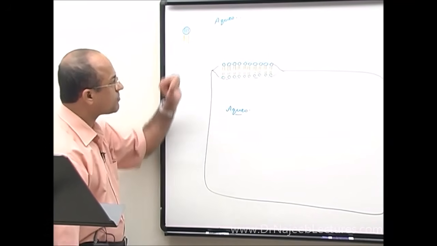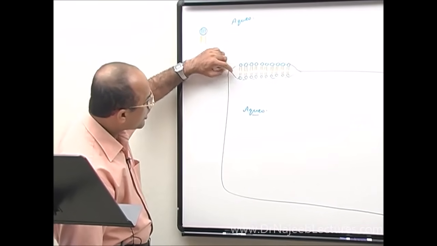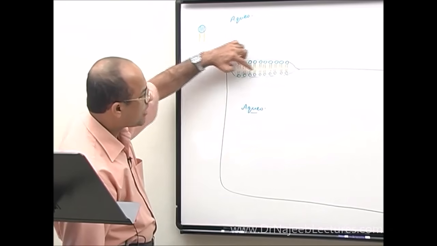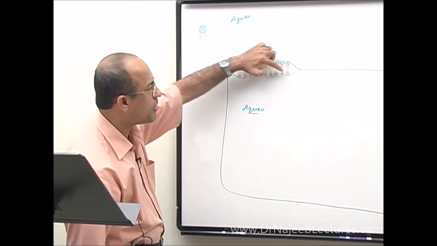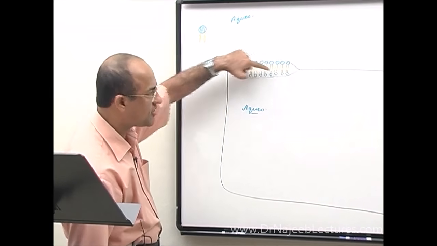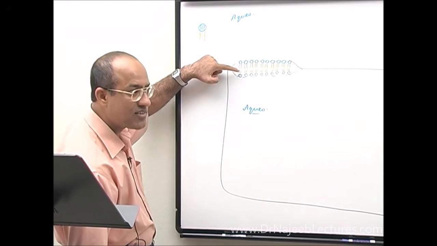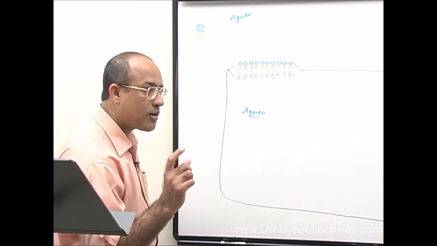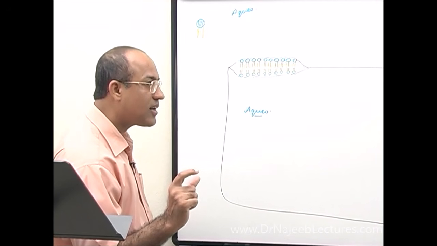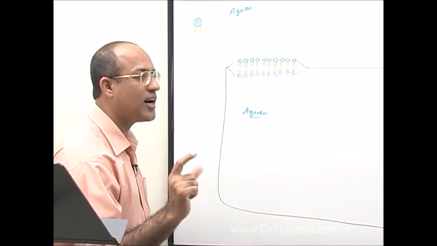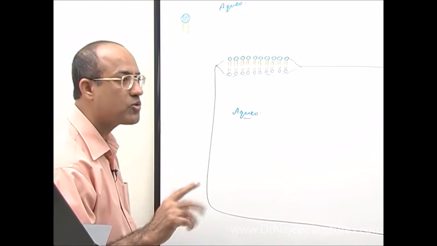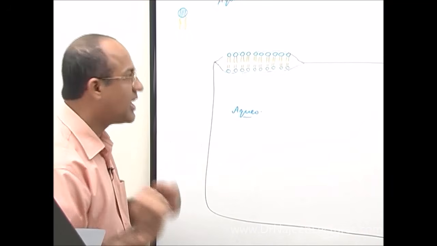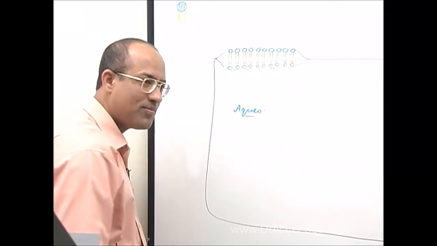Now another thing. You see, the core of the cell membrane has a lot of lipid inside. This is all lipid. So it means those compounds which are highly charged or very large, can they directly enter into the cell?